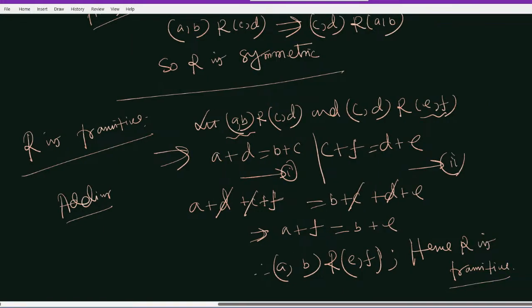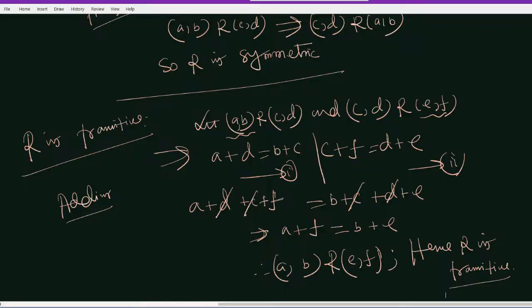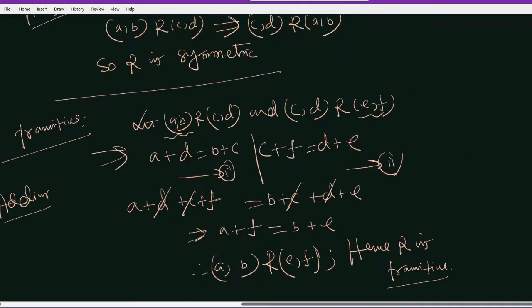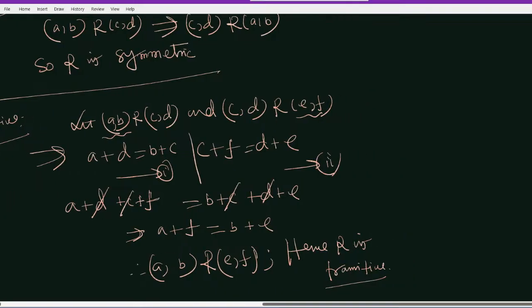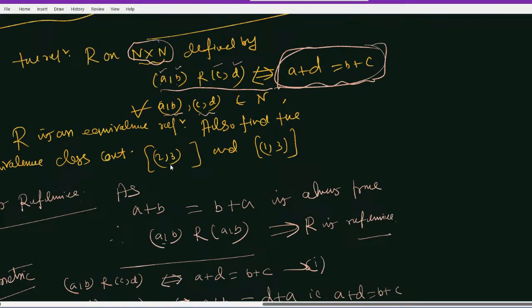When there is an equivalence relation, there is a chance of getting an equivalence class. We have seen that A minus B is divisible by 4, and we can define classes. So here also we can define. And what kind of elements can be related? Elements may be 3, 4, maybe 2, 3, maybe 1, 3 like that.